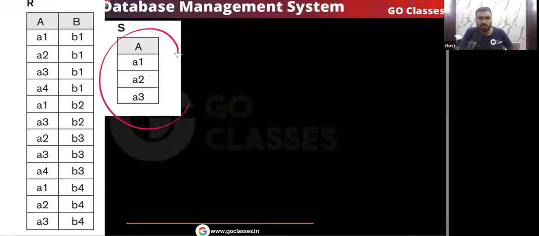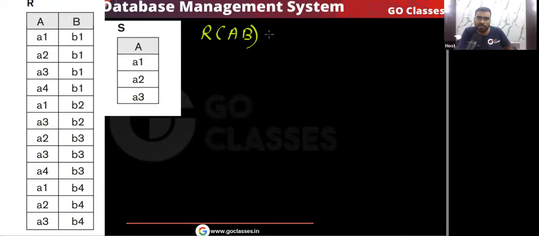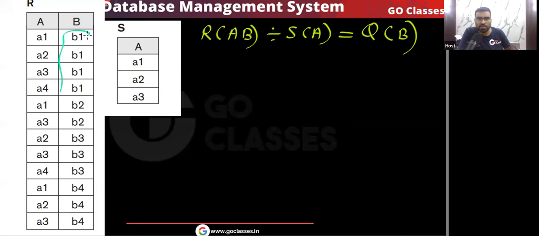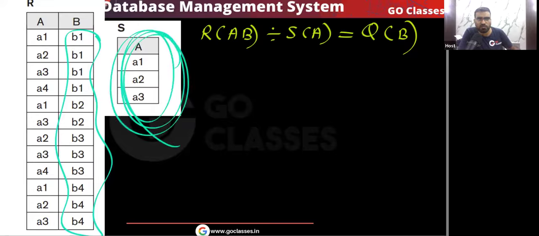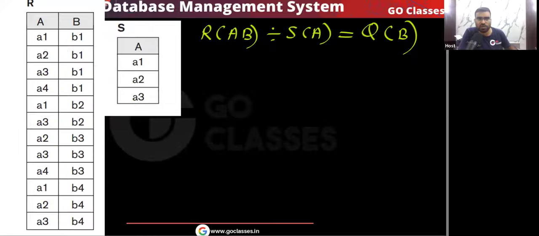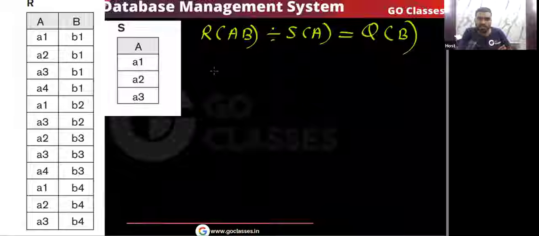Let's see this example. First of all, you have R which has AB, divided by S which has A. The result will have B. Do you agree? Now in the division I want those B values which pair with every A value, every S value. So instead of this, please notice something interesting I am doing.